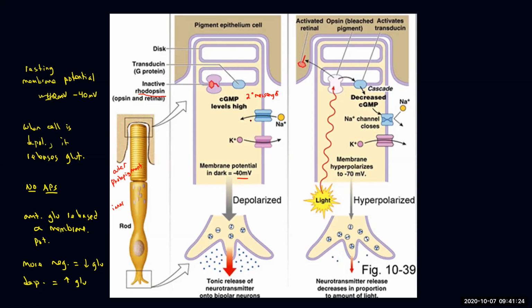So normally at rest with no light around, sodium channels and potassium channels are open. That means sodium's going to come in and potassium's going to leave. Now remember from the action potential, when we have sodium in and potassium out flowing, who wins? Sodium wins. So as sodium comes in, that's going to constantly depolarize the cell.